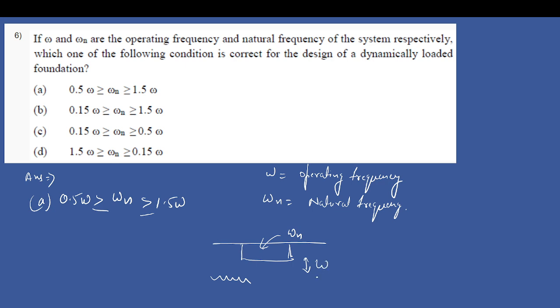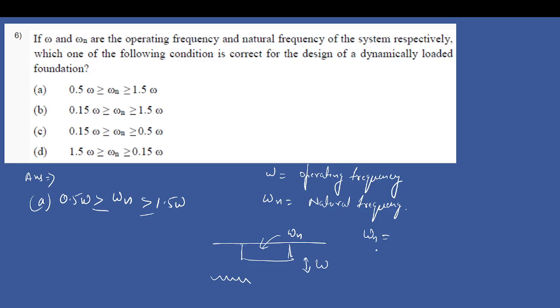So now, which one of the following conditions is correct for the design of a dynamically loaded foundation? Usually in this case, you need to design your foundation such that your omega n should not be near to your omega, because you might have heard of the condition of resonance. Resonance is the case when your natural frequency is equal to the loading or excitation frequency.